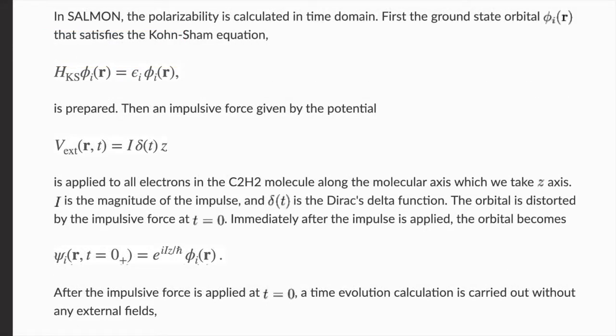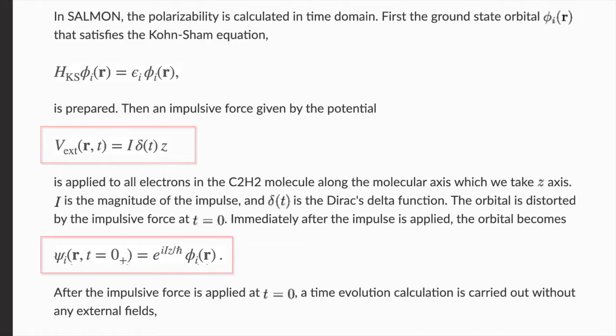In Salmon, polarizability is calculated by the following procedures. First, suppose that the ground state orbital function phi_i is obtained using density functional theory. For all the electrons contained in this molecule, an impulsive force of magnitude I is applied at time t equals 0 to accelerate the electrons.